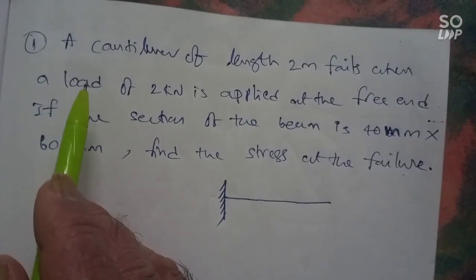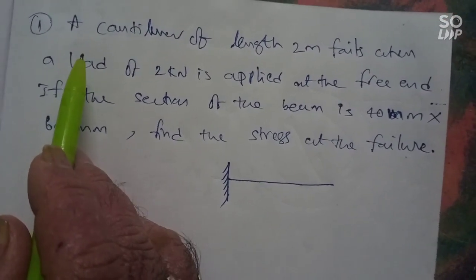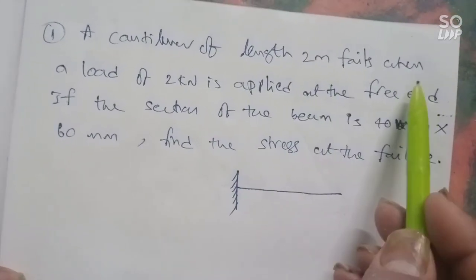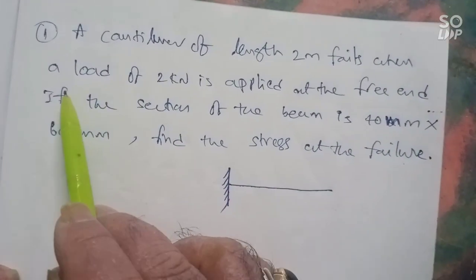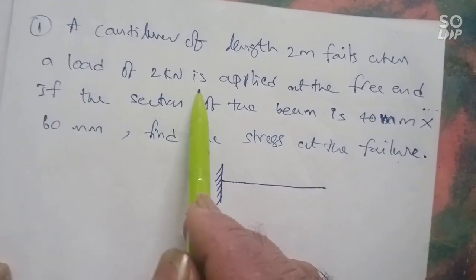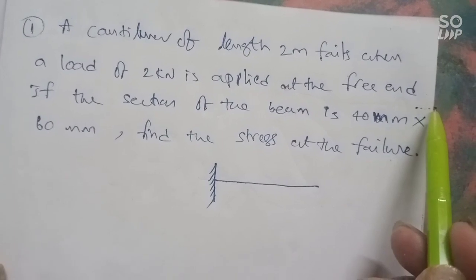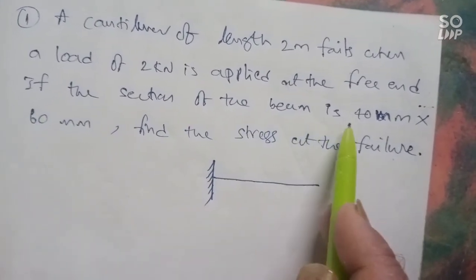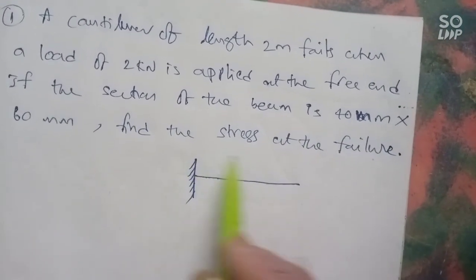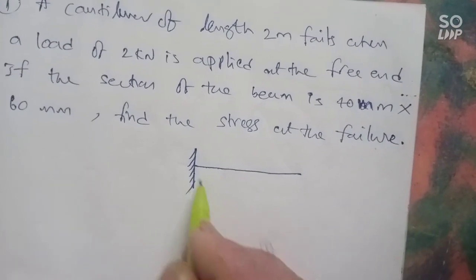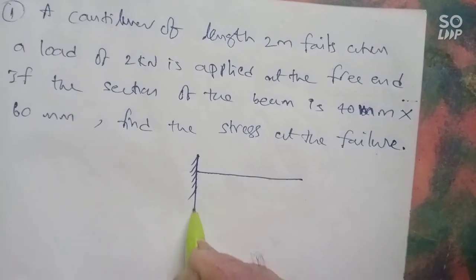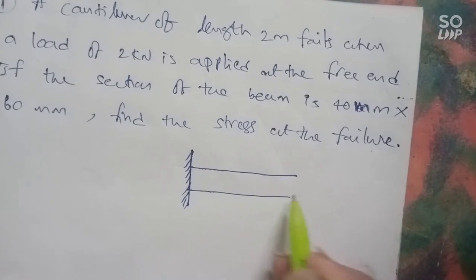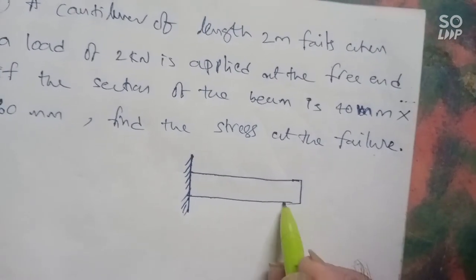We will see a problem related to the section modulus. A cantilever of length 2 meters fails when a load of 2 kilonewtons is applied at the free end. If the section of the beam is 40 mm by 60 mm, find the stress at the failure. It is a cantilever beam, so one end is fixed and the other end is free, there is no support.